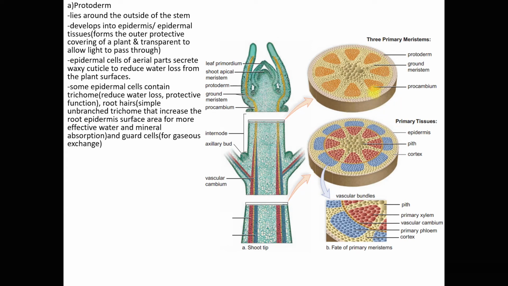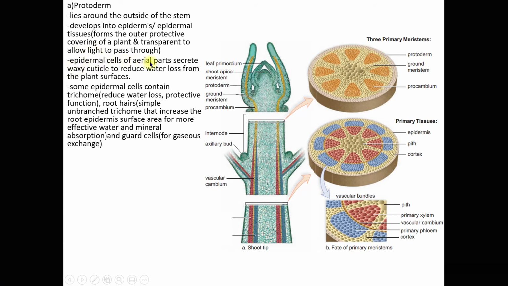Now, epidermal cells of aerial parts secrete waxy cuticle to reduce water loss from the plant surface.